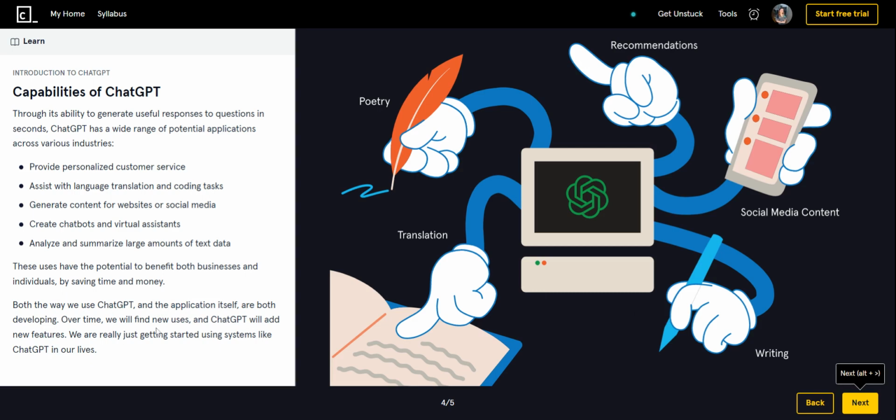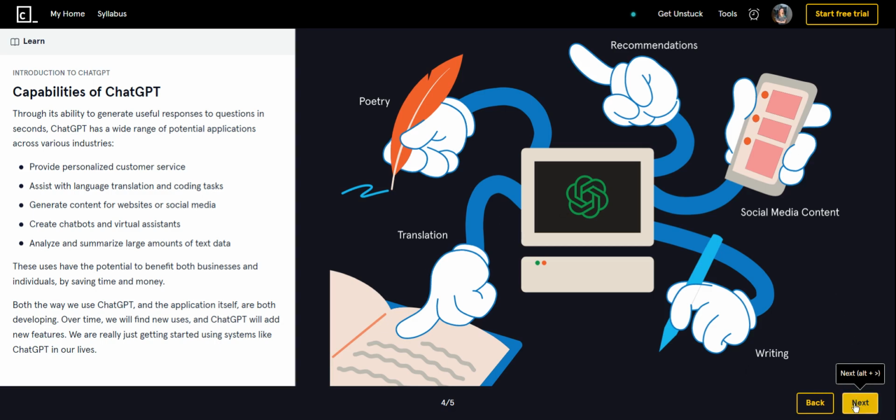Over time, we will find new uses and ChatGPT will add new features. We are really just getting started using systems like ChatGPT in our lives. So, writing, social media content, recommendations, poetry, and then translation.